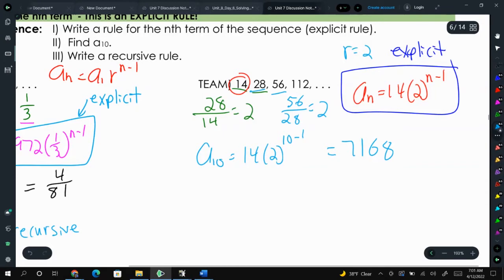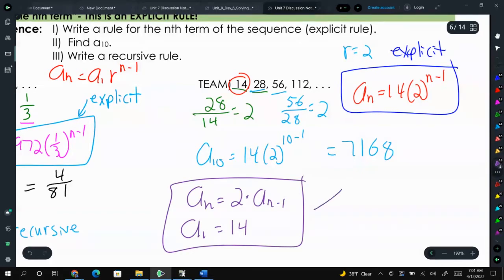And then your recursive rule, a sub n equals 2 times a sub n minus 1. So I'm multiplying the previous term by 2. And my first term is 14. So this is recursive.